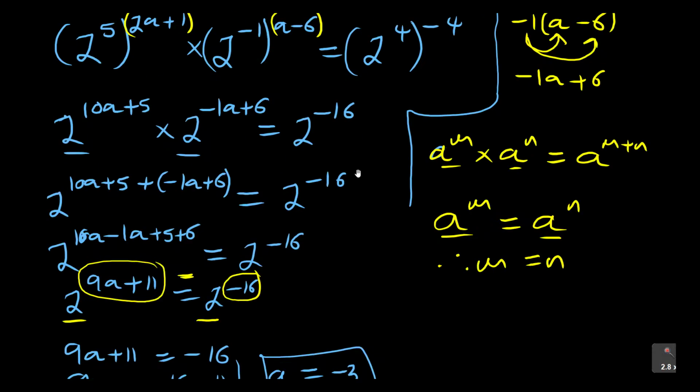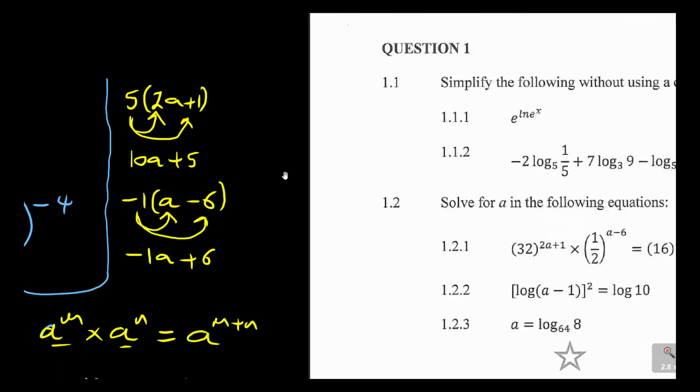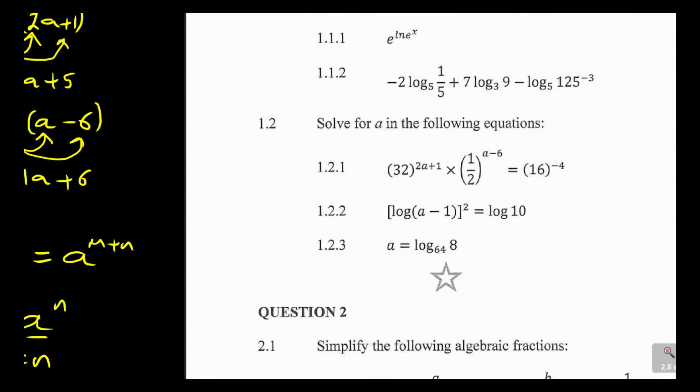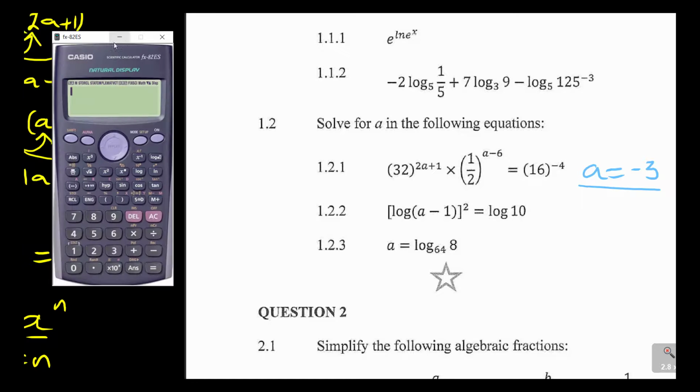You see that, guys? And you come here to say, okay, I've gotten my answer and I've got that a is equal to minus 3. Can I test it? The answer is yes. How do you test that?